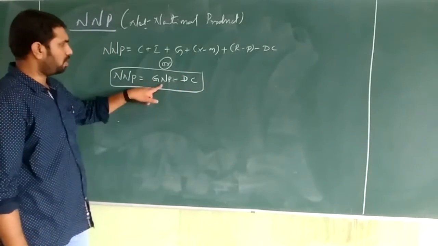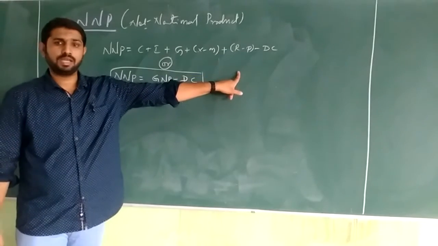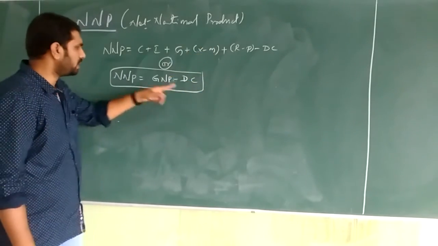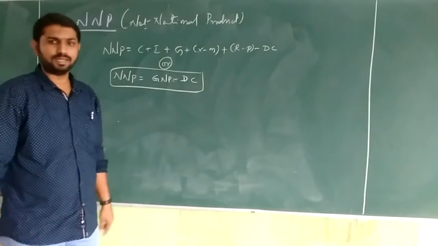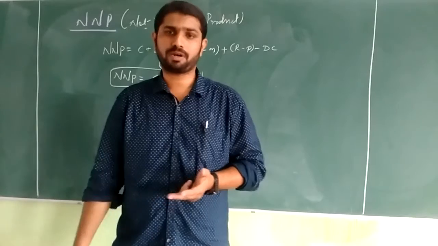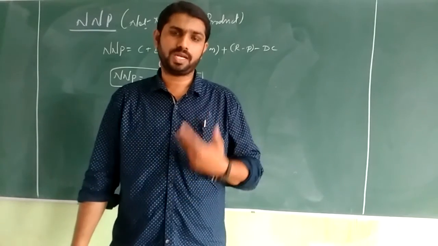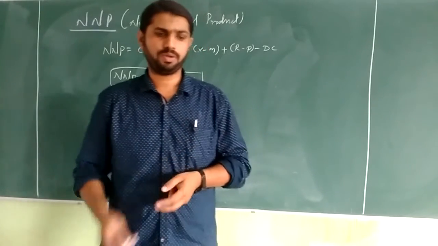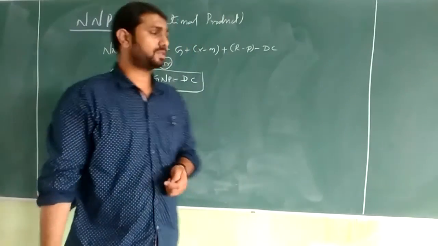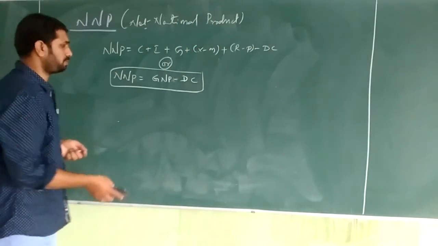So either we can go by this elaborated formula to calculate NNP, or else we can go by GNP minus DC. I want you to note down this formula when I supply the notes. Okay, so we will discuss much more regarding how national financial performance can be calculated. So this is a formula which is used to calculate NNP.